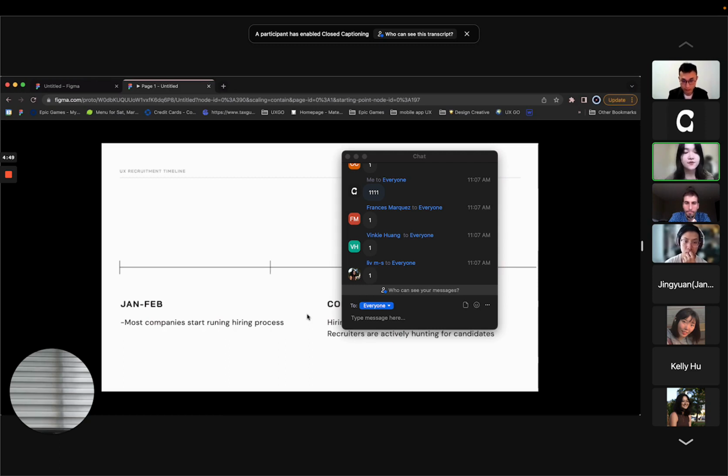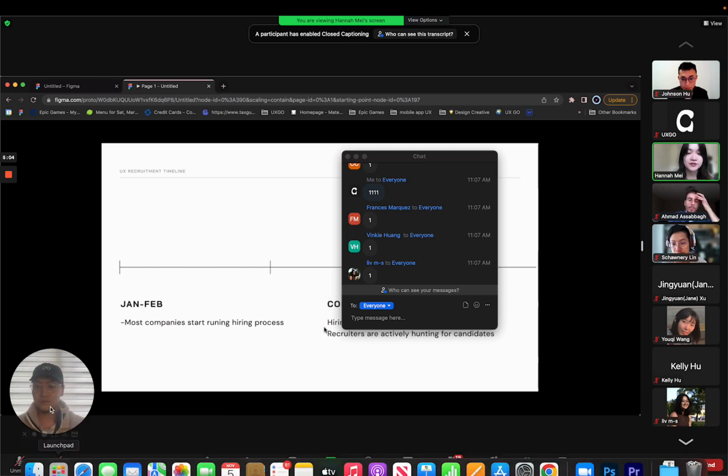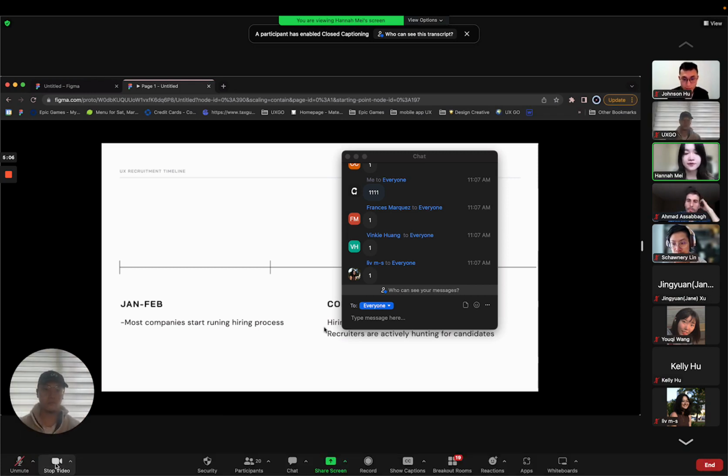For January to February, most of the companies start running the hiring process. From the company side, the hiring budget is super clear to them, and recruiters are actively hunting for candidates. So let's say you just applied to a job in November or December. There's a big chance you didn't hear anything back.